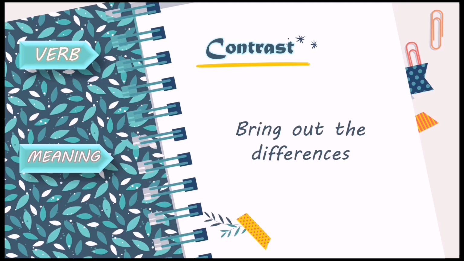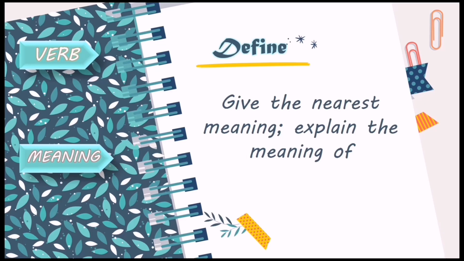Bring out the differences. So what are their differences? Define. You are going to give the nearest meaning. Explain the meaning of certain word that is given to you. So you are going to define, to specify the meaning, to elaborate further.